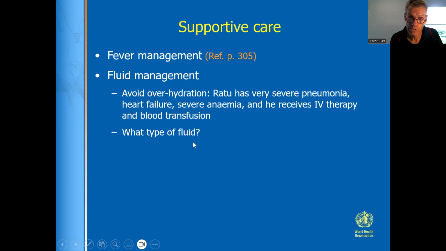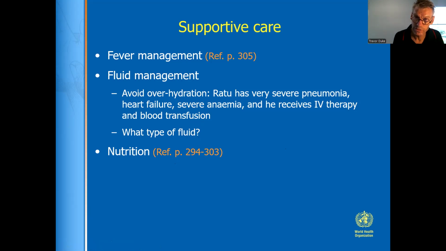What type of fluid should you give? Ideally he should have minimal intravenous fluid and some nutrition, and giving nutrition down the nasogastric tube is fine as long as his respiratory distress has resolved a bit. I usually wait for the first 12 hours until you see the respiratory distress settling, after his temperature settles, after he starts on his antibiotics, and after his first couple of doses of diuretics kick in, and he'll start to diurese and his lungs will be less wet.